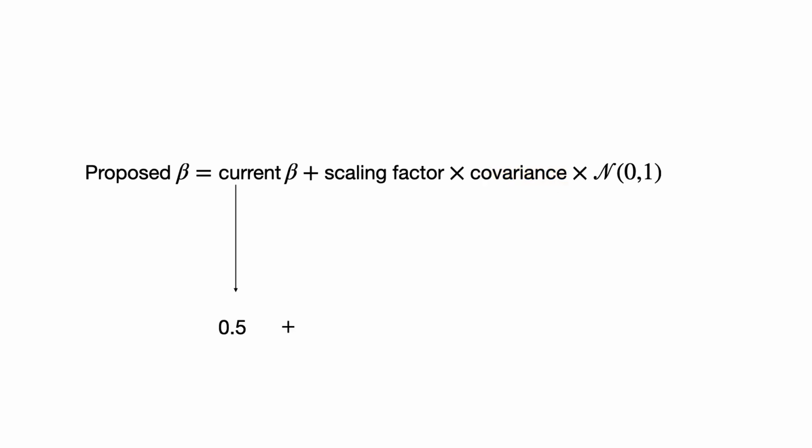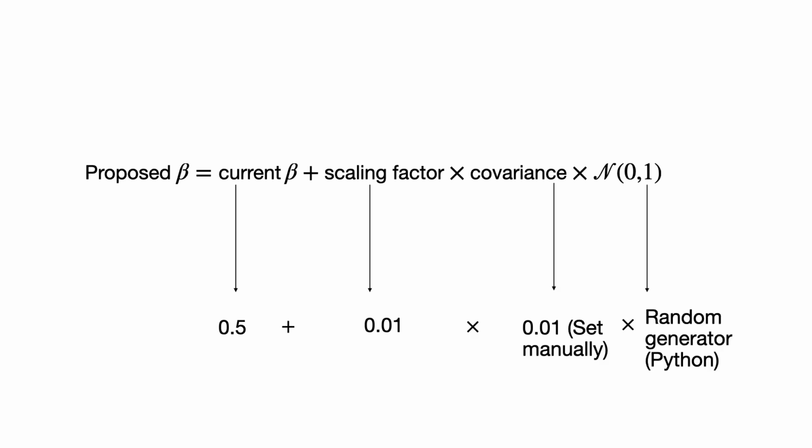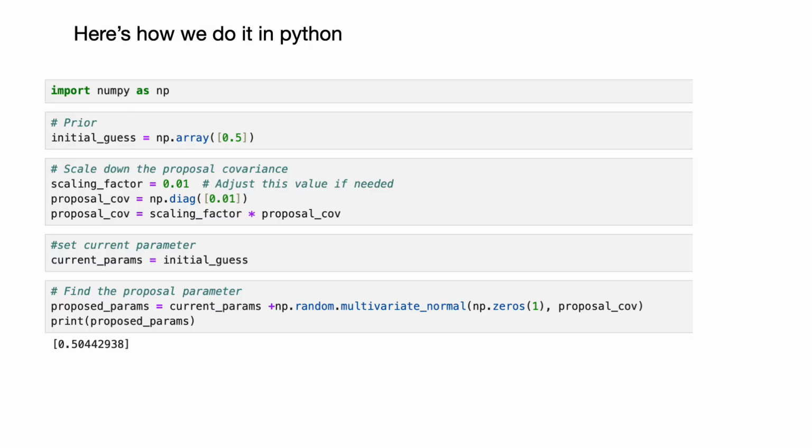So now let's calculate the proposed beta. We have our current beta to be 0.5, scaling factor to be 0.01, covariance to be 0.01, and we will use Python to generate the random number. Here's how we do it in Python.